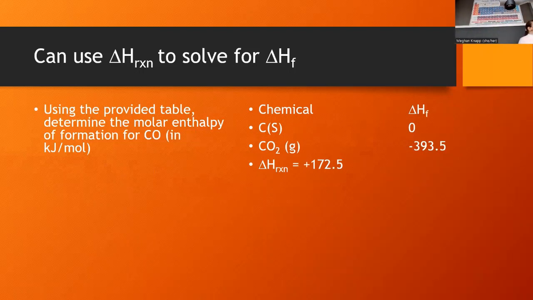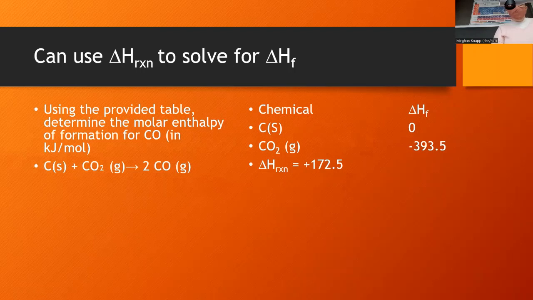All right, so here is another example that would go in the reverse direction. I'm not going to spend a lot of time on this, but this is just showing you that if I have the enthalpy of a reaction, but I don't know the enthalpy of formation of one of the reactants or products, I can plug in these numbers to figure it out.